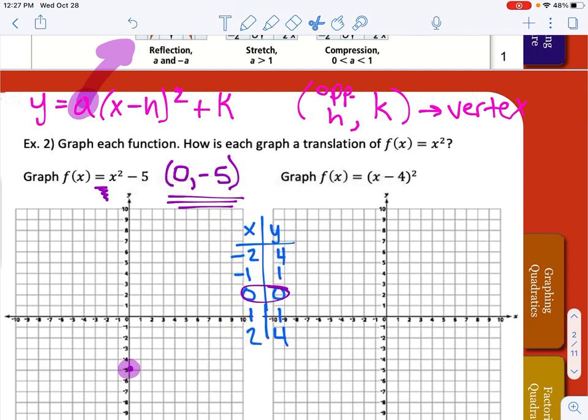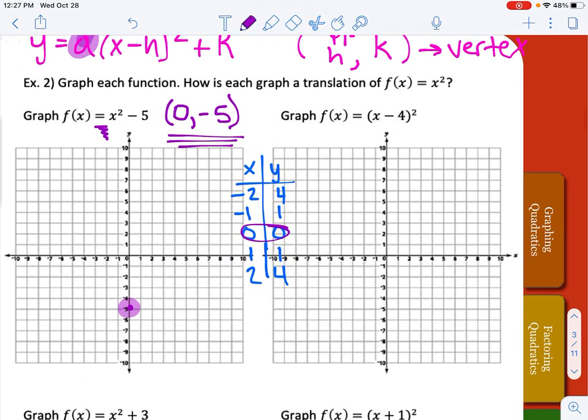If I use this table, starting from this new origin, in quotation marks, because it's not really the new origin, I will graph on my axis of symmetry one side and then reflect it across.